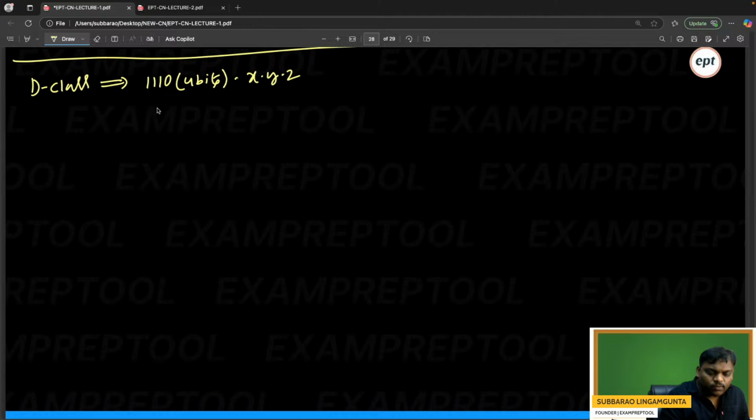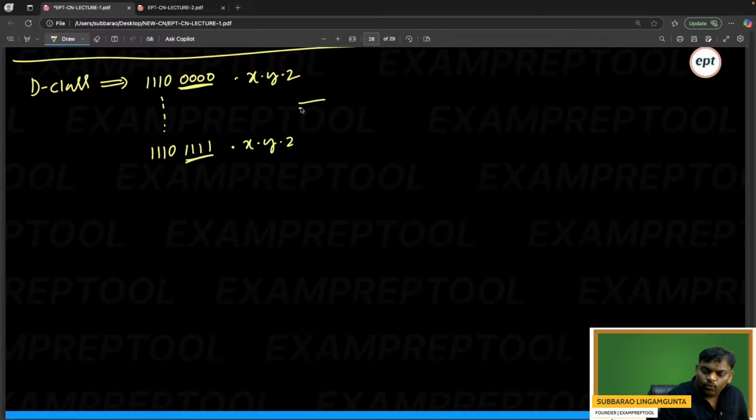So if you see the next one, it continues. 1110 is as it is, and there are 4 bits here. If I write directly, here 4 zeros, here 4 ones. The remaining is the same.